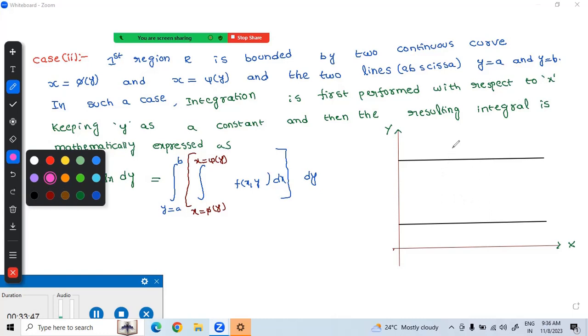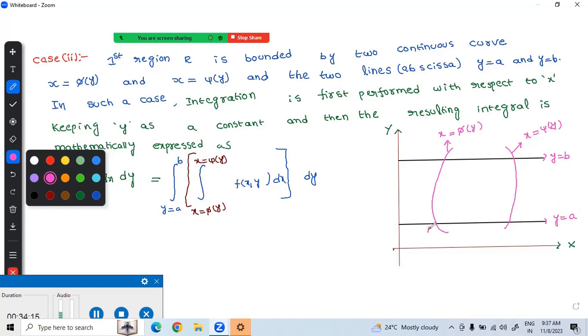So two curves, this is one curve, this is another curve. This is x equal to pi of y, x equal to psi of y. This is y equal to b, y equal to a. These are two straight lines.